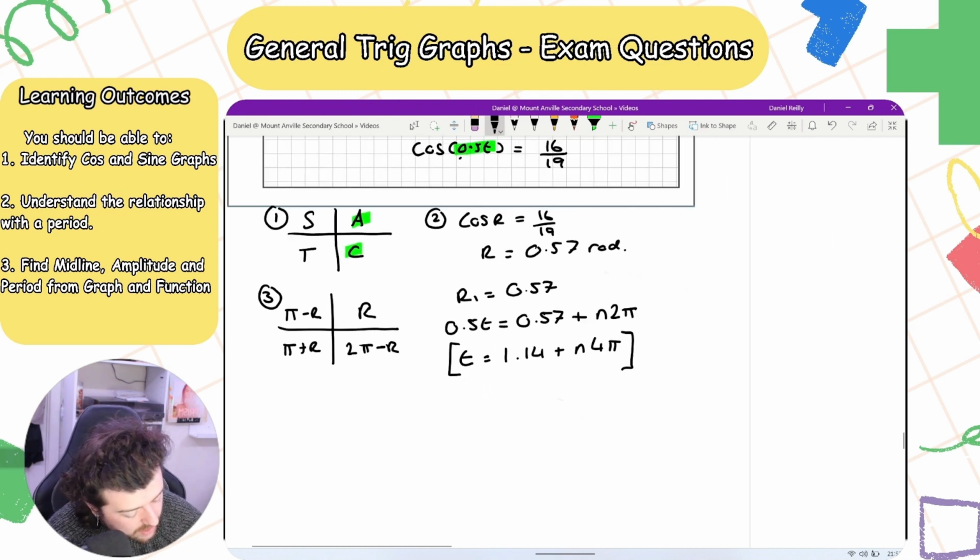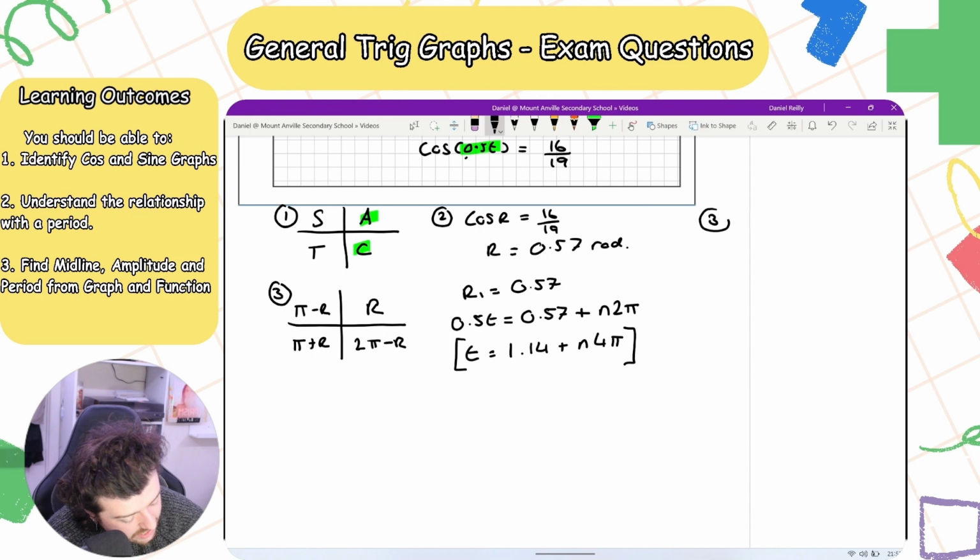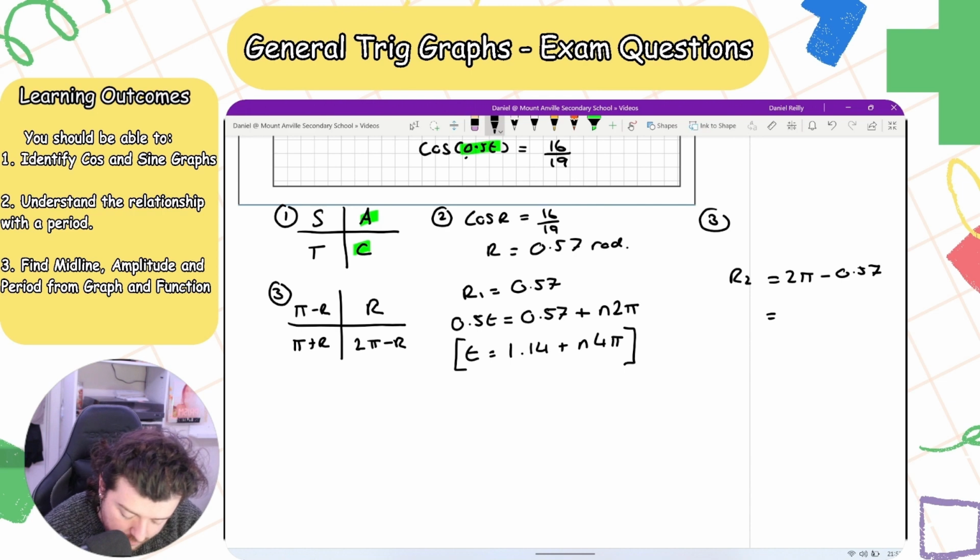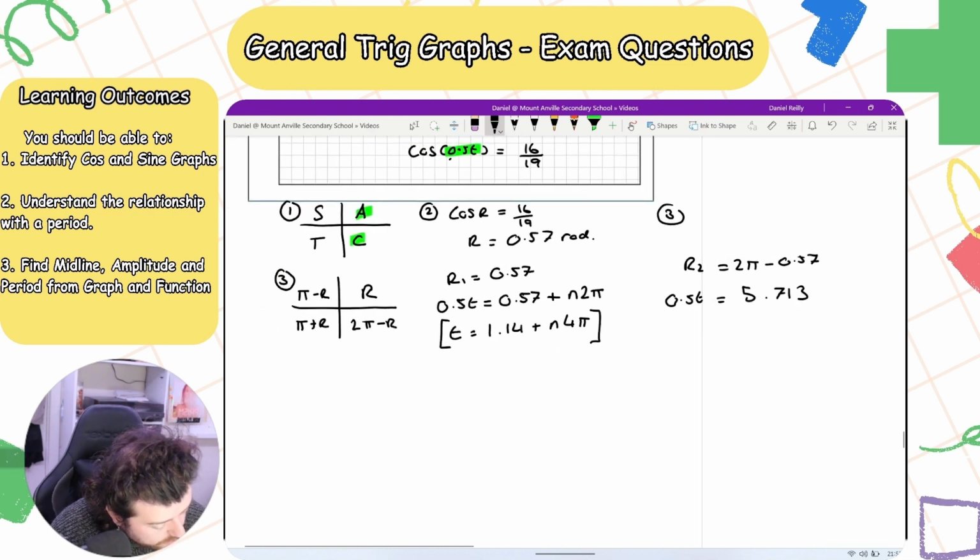I'm going to pull some questions out of my second general solution. So my second solution here is going to be 2 pi minus 0.57. That is going to give me 5.713 radians. And then 0.5t is equal to 5.713 plus n2 pi.